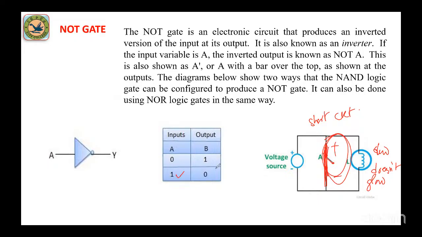If A is open, then the bulb will glow. The output is A bar. That means an inverted version of the input is its output. That's why it is called an inverter. If the input variable is A, the inverted output is known as not A, and this is also known as A bar.